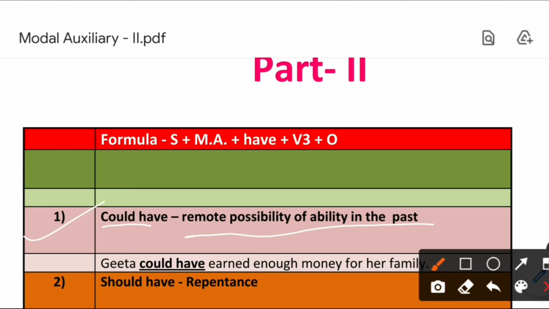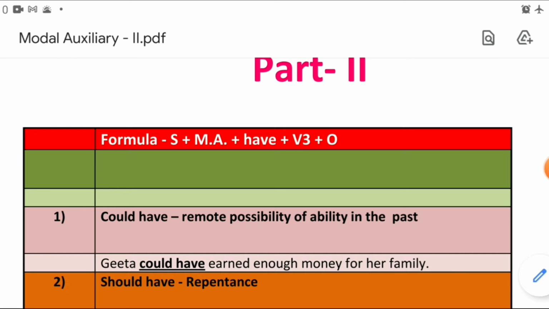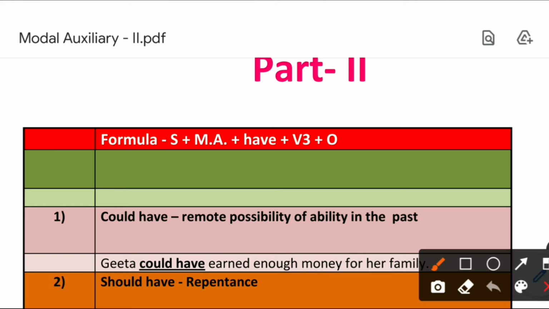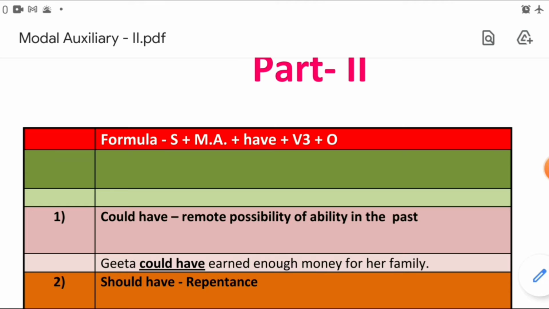I would explain this so that you can get an idea when to use this. Here we will take an example. Geeta could have earned enough money for her family.